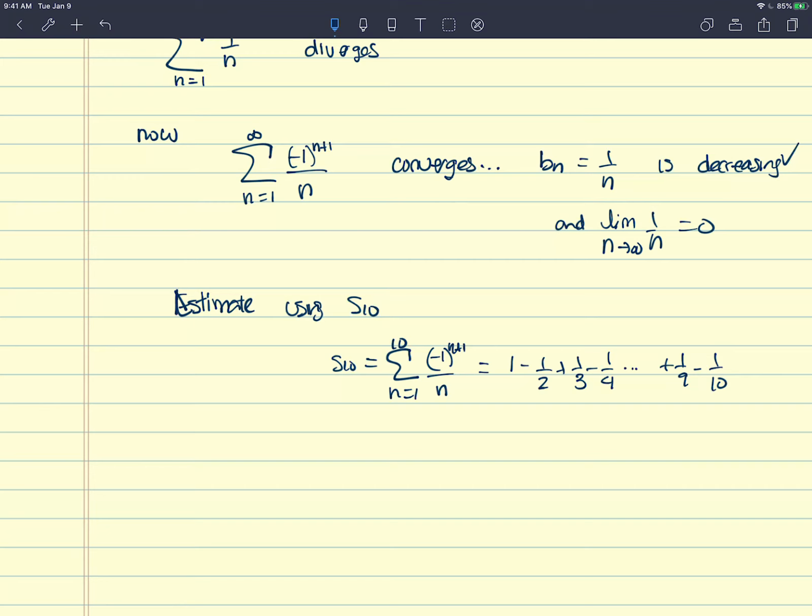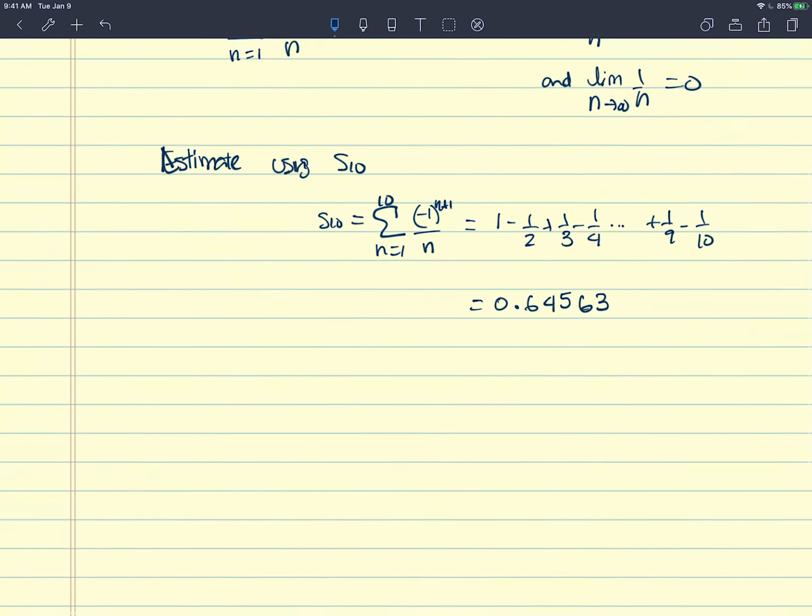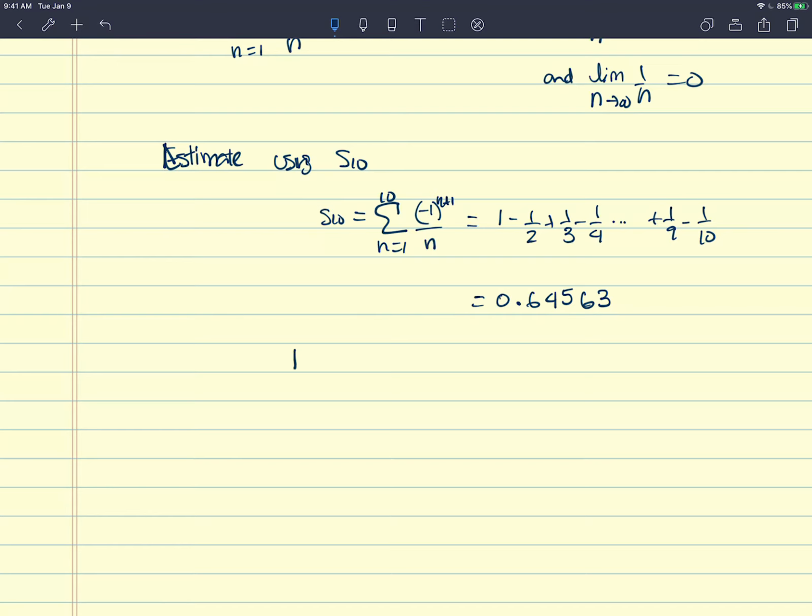I'm going to do the sum from n equals 1 to 10 of negative 1 to the power of n plus 1 divided by n. So I get 0.64563.